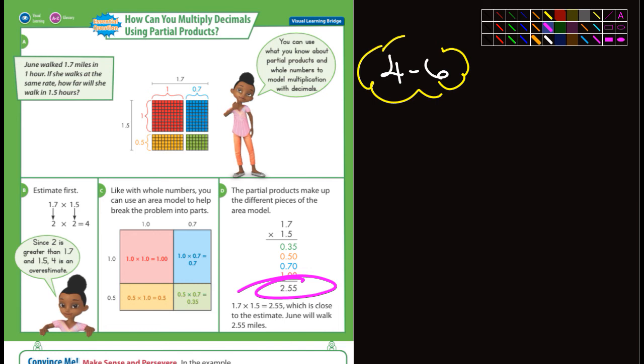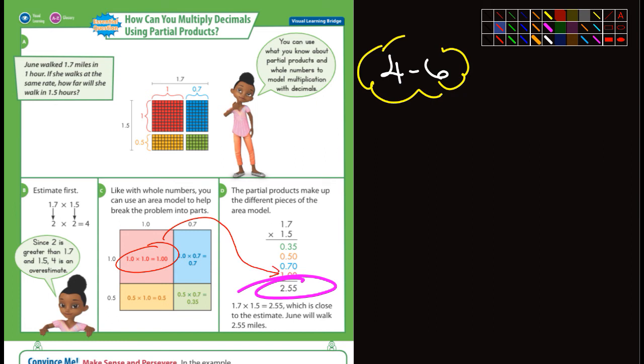The first thing they did is 1 times 1. And they talk about that right here. And so 1 times 1 is 1. There's the answer right there, 1.